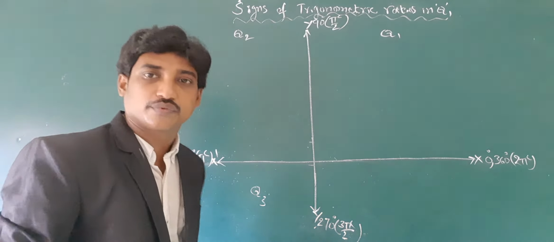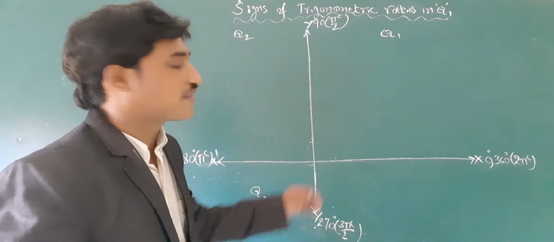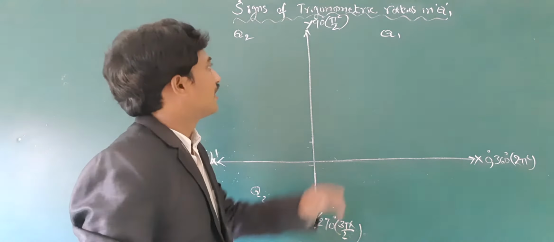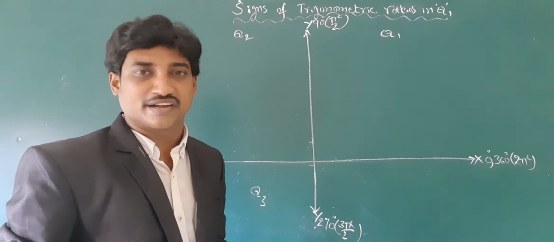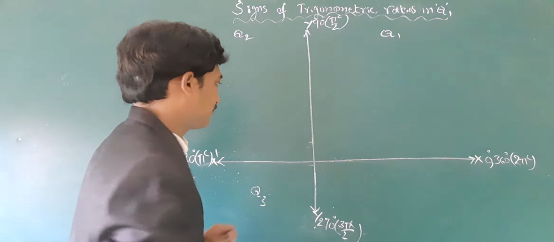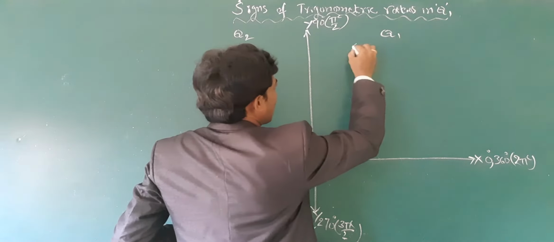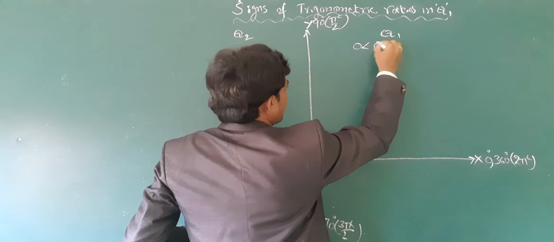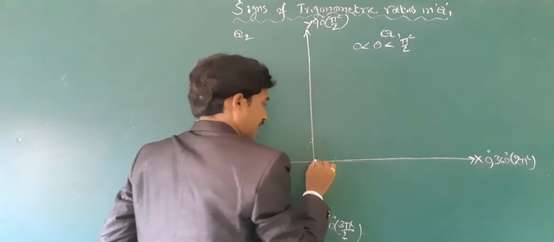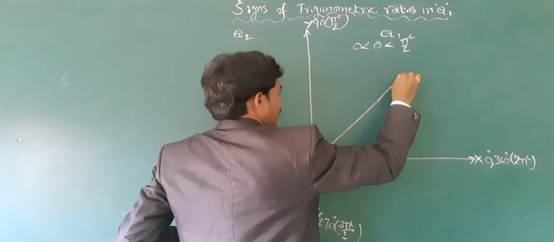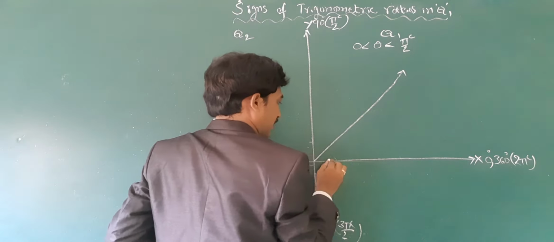Let us observe signs of trigonometric functions in the first quadrant. I am taking an angle theta, an acute angle theta in the first quadrant, 0 less than theta less than pi by 2 radian. I am taking an angle theta in standard position.